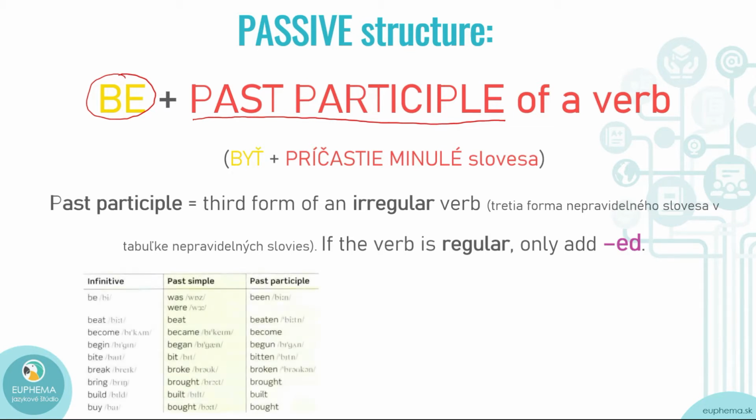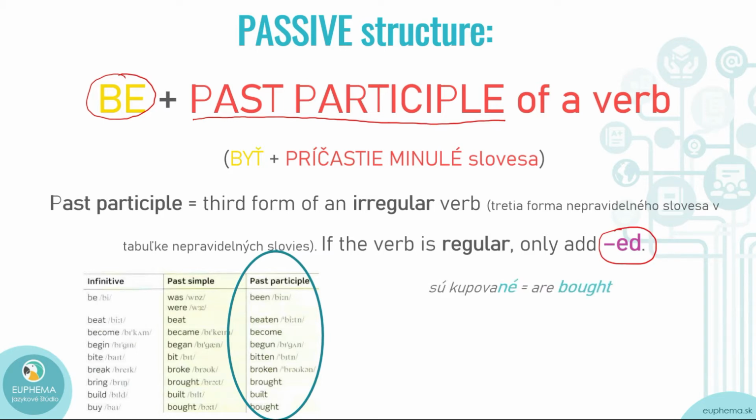And I'm sure all of you know this. It's this long list of irregular verbs. And for passive, this is important, past participle of an irregular verb. If the verb, however, is regular, you will only need ed to add to the verb.